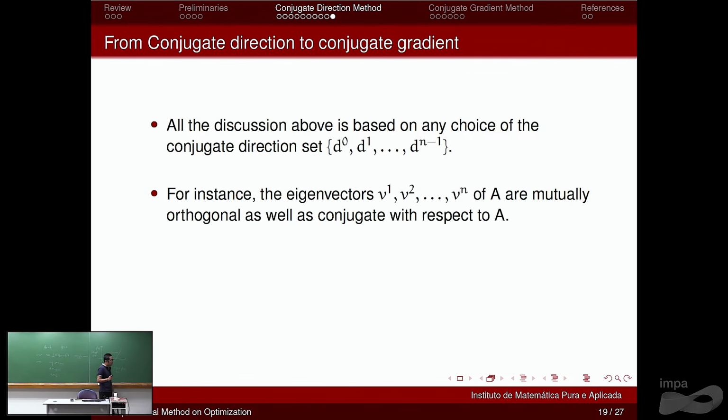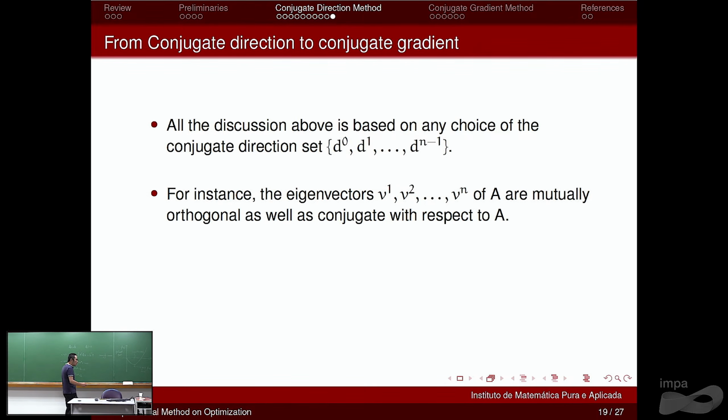For instance, we can use the eigenvectors of A, for example v1 to vn, which are mutually orthogonal, so they are also conjugate with respect to A. So this is one of the options. But if the dimension of the problem becomes very large, then the computation of these eigenvectors is very expensive.